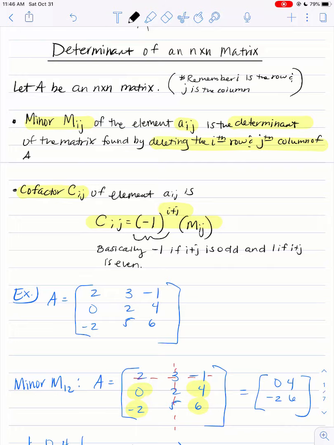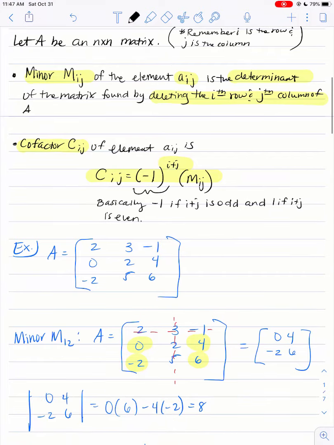Because if we had -1 to the third, that would be -1 times -1 times -1, which is -1. But if it was even, if we had -1 squared, -1 times -1 is just 1. So basically our cofactor is just the sign, a plus or minus, times the minor.